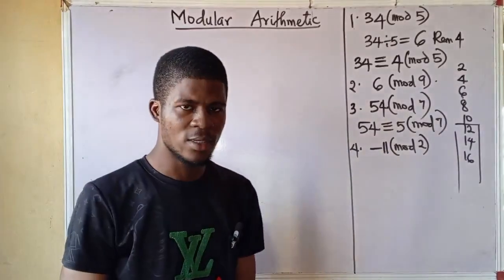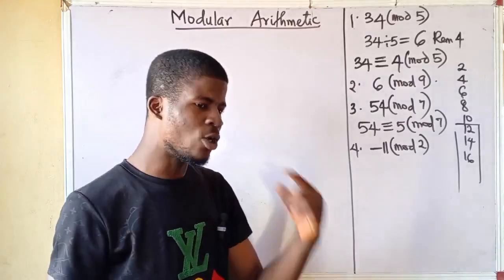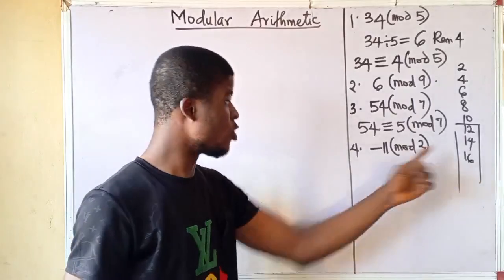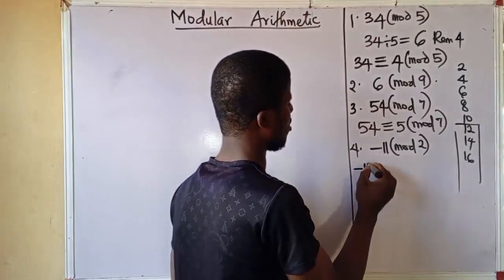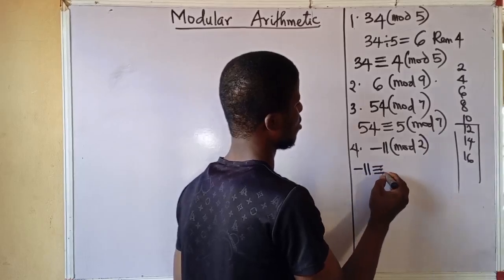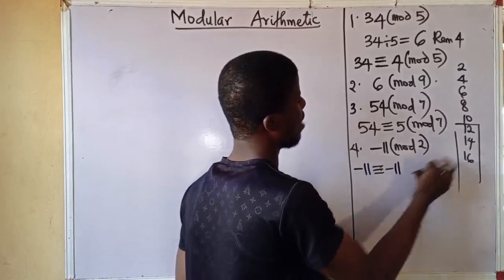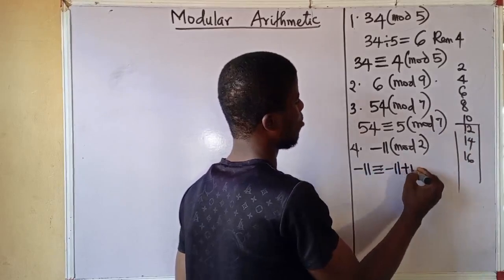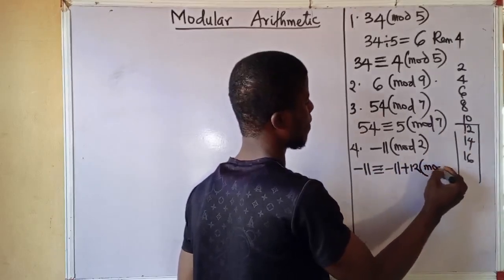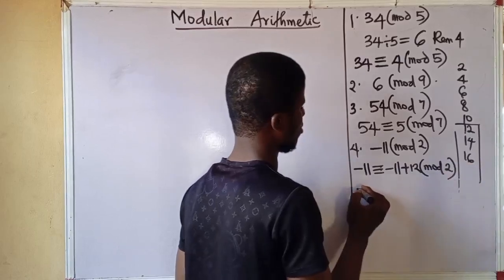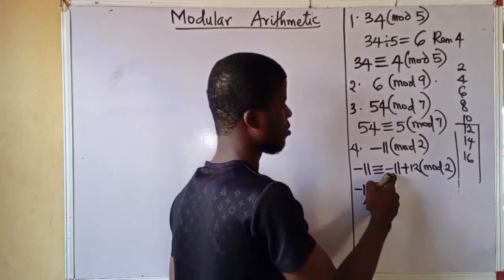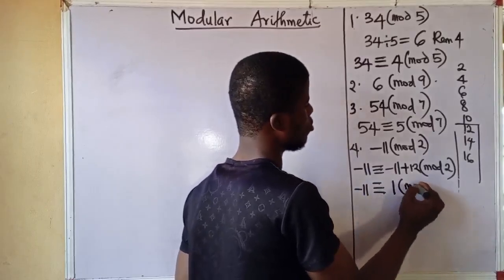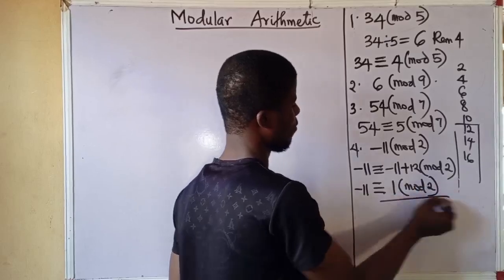But the multiple that is immediately bigger than 11 is 12. So minus 11 is congruent to minus 11 plus 12 modulo 2. So minus 11 is congruent to 12 minus 11, which is 1, modulo 2. Full stop.